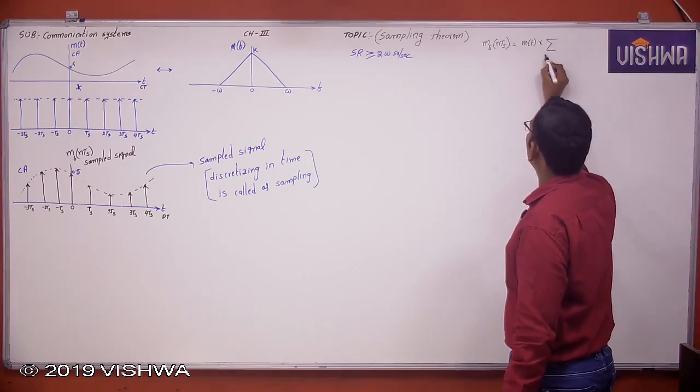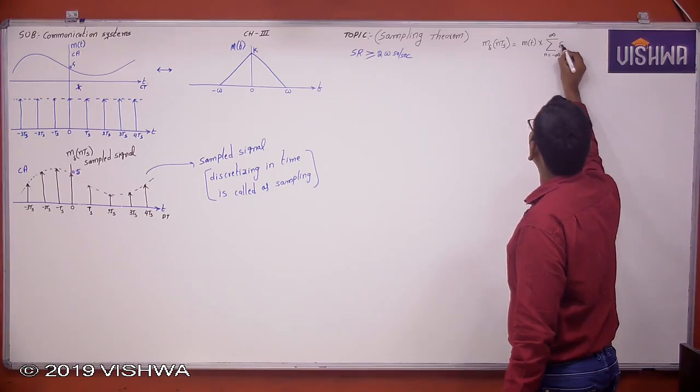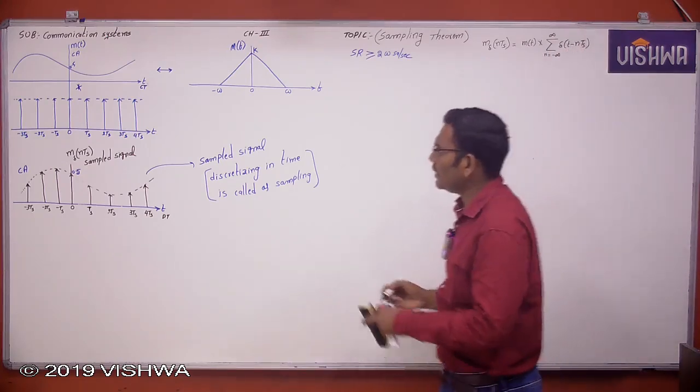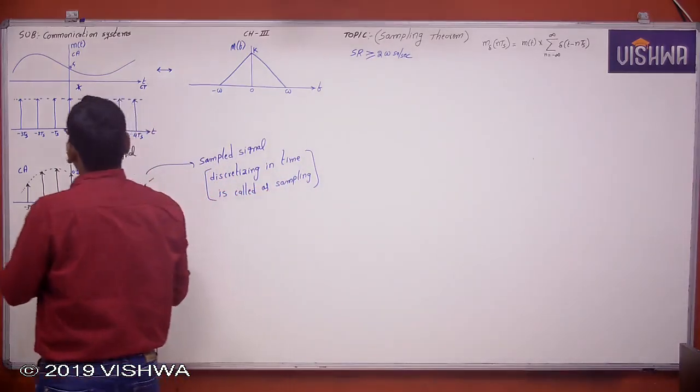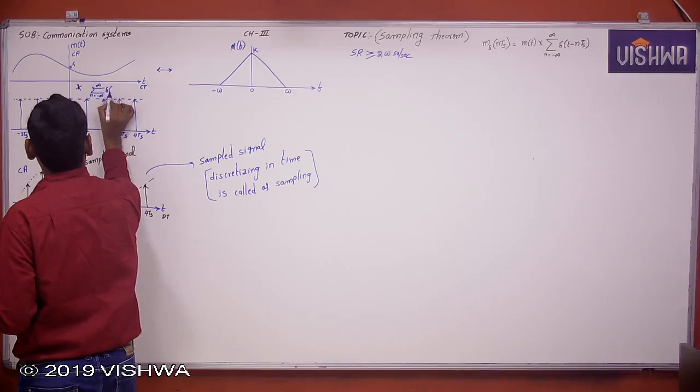The sampled signal is the message signal multiplied with a train of impulses, summation n equal to minus infinity to infinity of delta of t minus nTs.